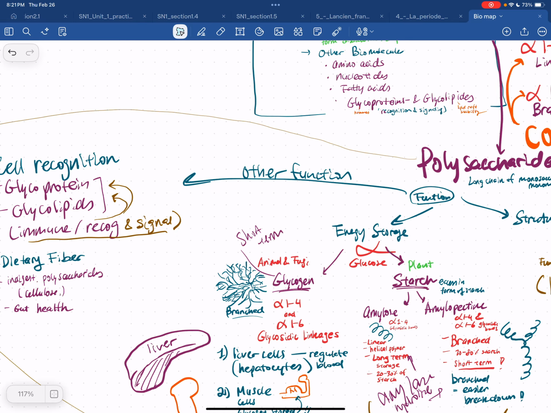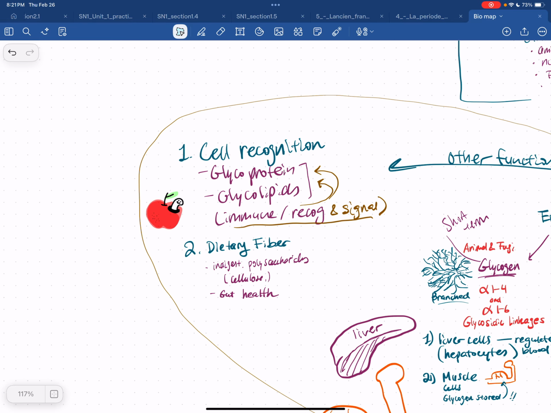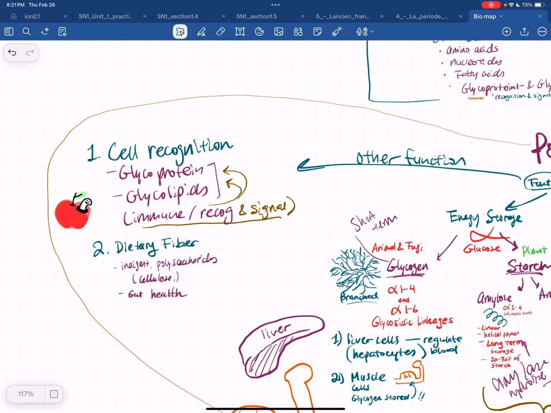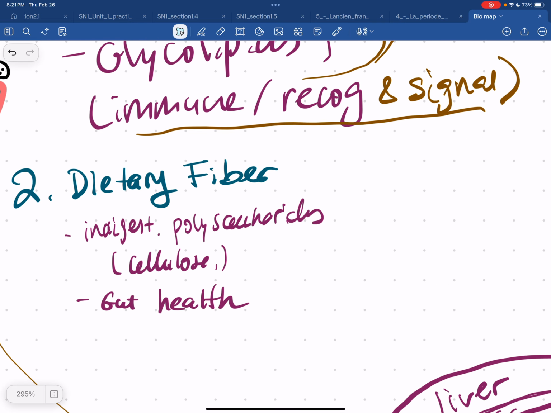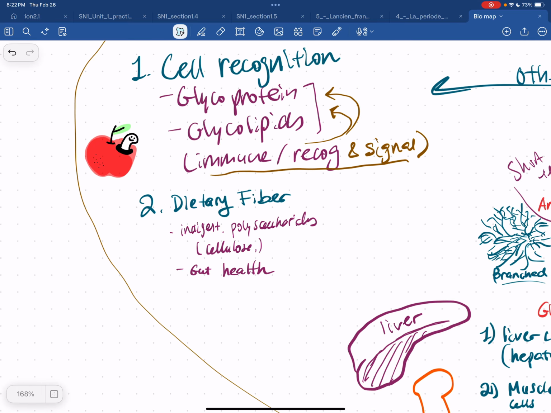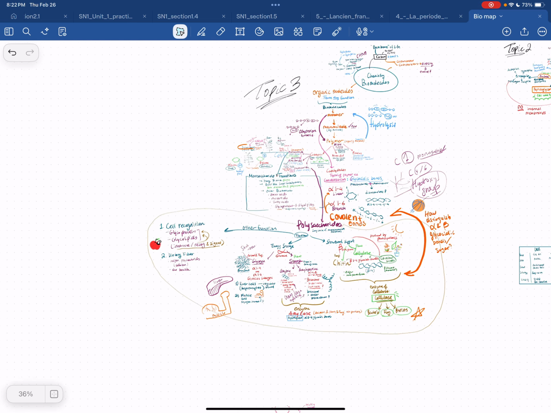They do signaling, hormones, and cell recognition, promote bowel regularity, and support a healthy gut. Dietary fiber, the beta ones, is also good for healthy gut microbiota and bowel regularity. And that's it for topic 3.